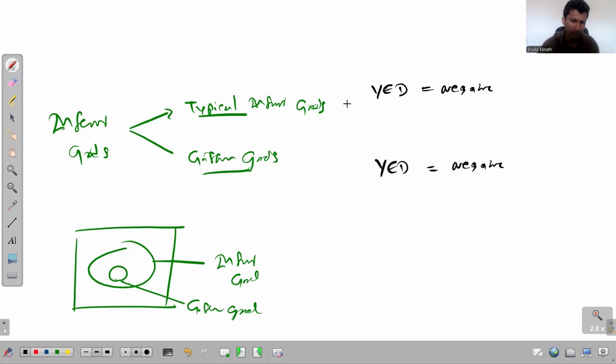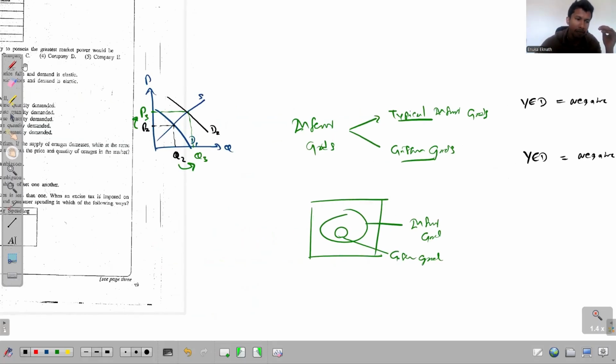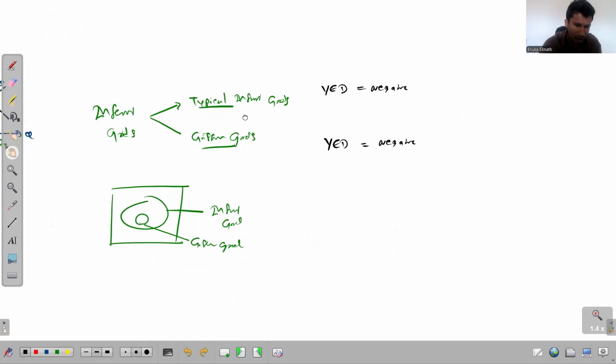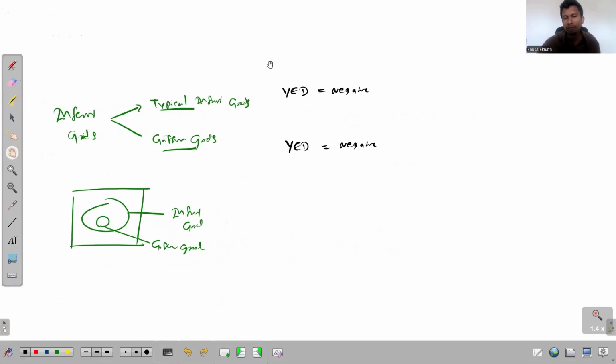There is no problem there. It has a negative value. So because of that, what happens? When income decreases, demand increases. When income decreases, demand increases. There is no problem with that. But the problem is here. If it's just a typical inferior good, you have a negative relationship between P and QD.